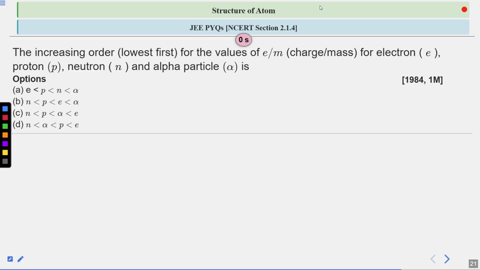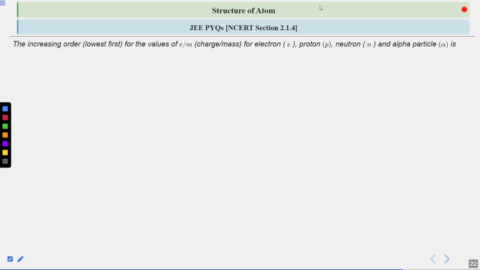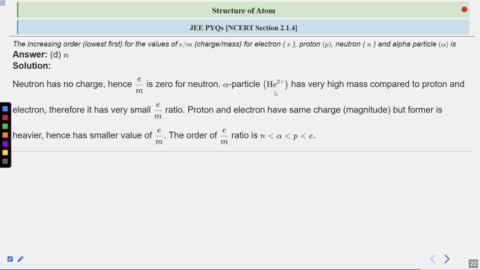Okay, so this was asked in 1984 for 1 mark. The correct answer will be option D. How will we do it? First of all, let us consider the alpha particle.